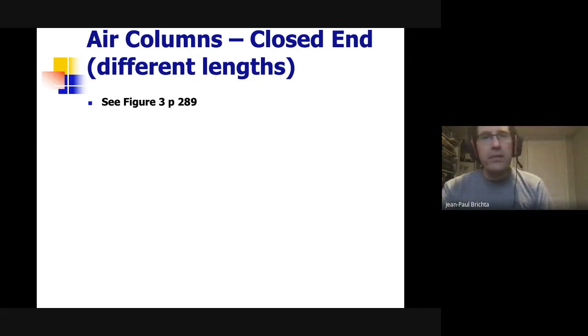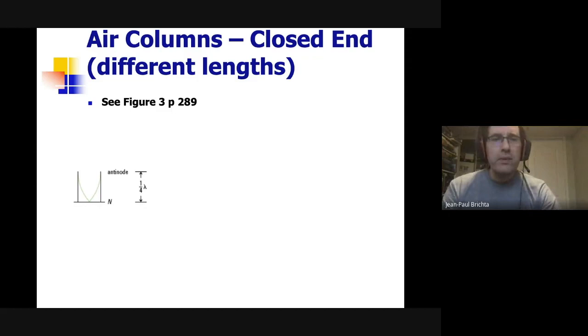Let's look at the two kinds of air columns. The first kind is one which has a closed end. This might seem kind of odd. How can you have an air column that has a closed end? But I'll give you some more examples in just a second. So the idea here is that we have our column on the left, and the closed end is the bottom. What I've drawn is a quarter wave inside of the column, a quarter wavelength.